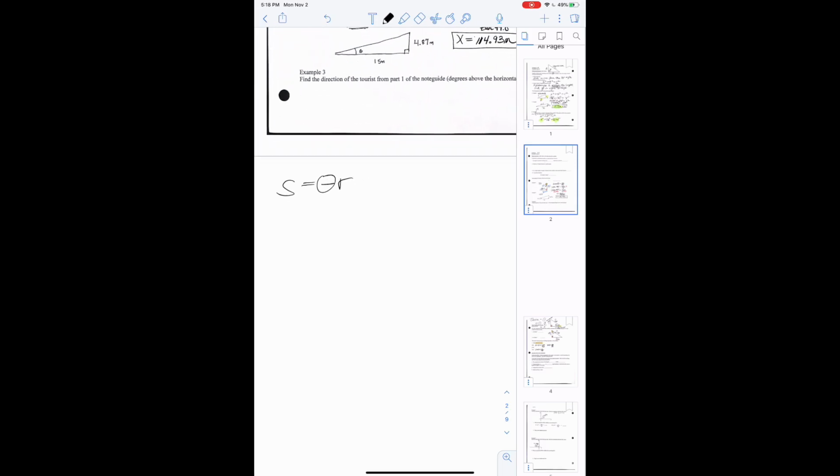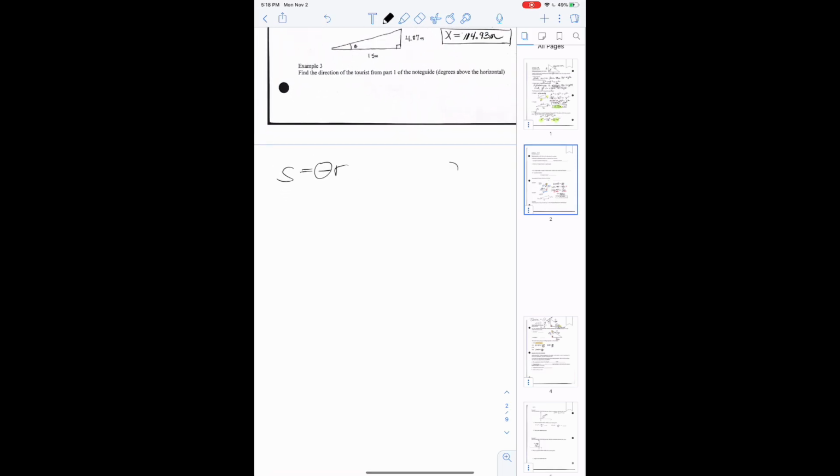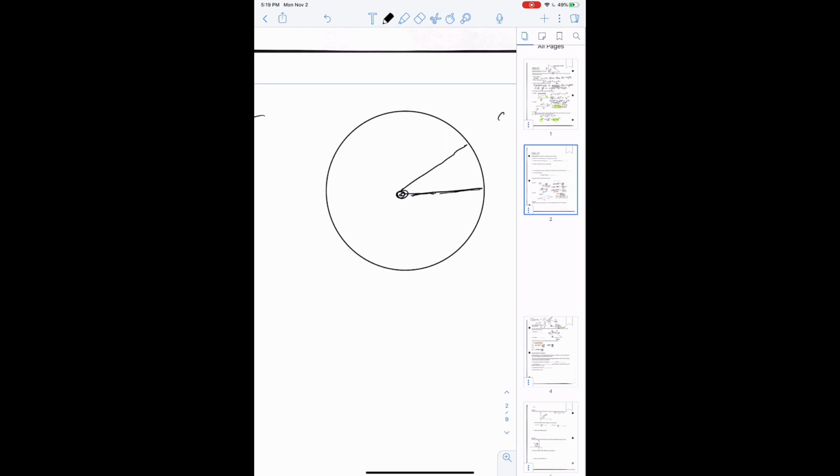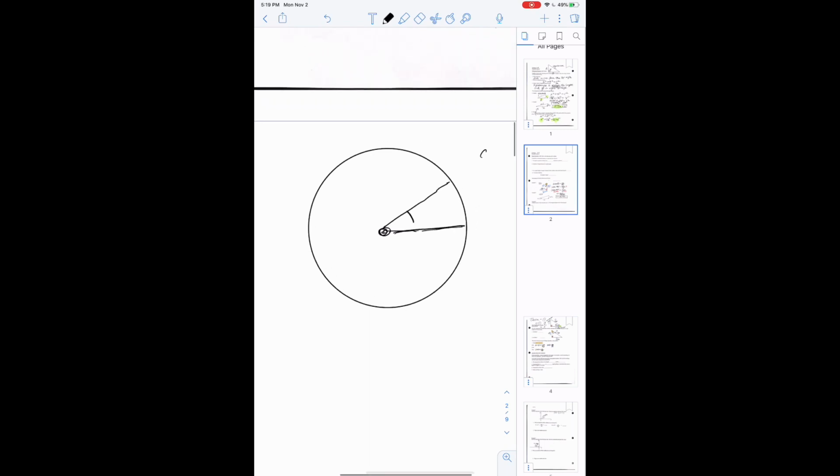And what it says is that if you have a circle and you have, let's say, let's draw a line to the center of the circle, and you have another line right here, that you have an angle which is theta. And we'll go ahead and make that in radians, right?